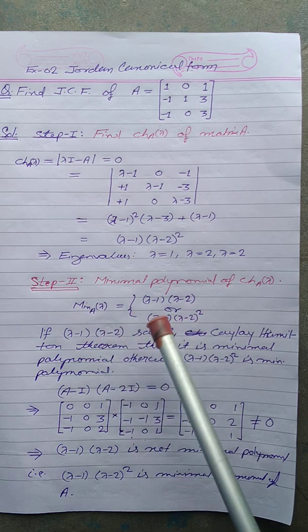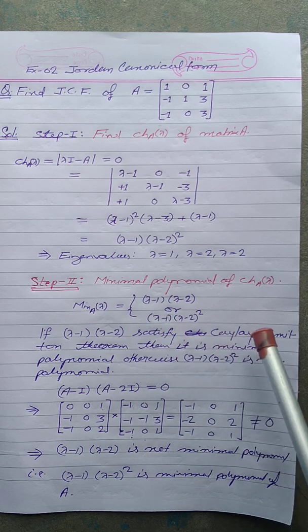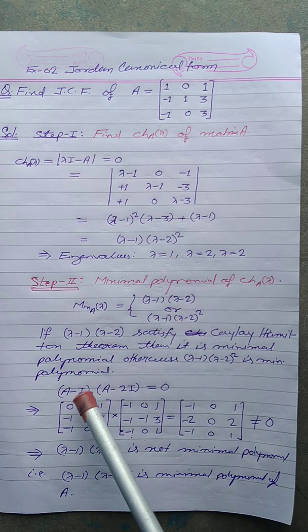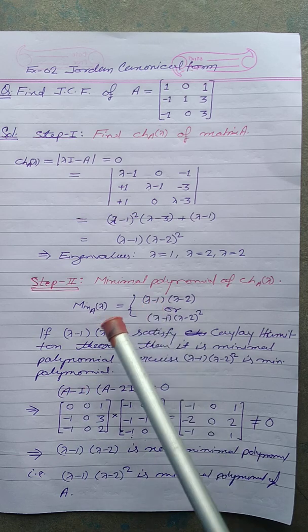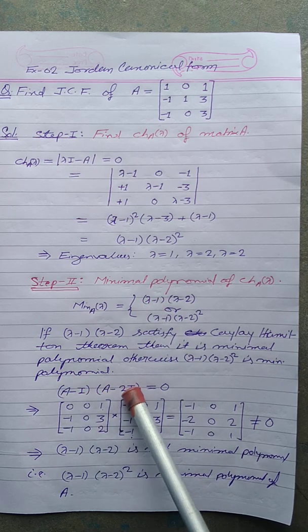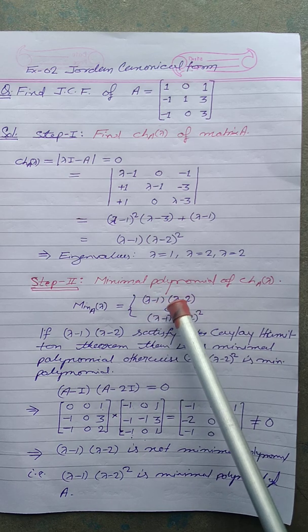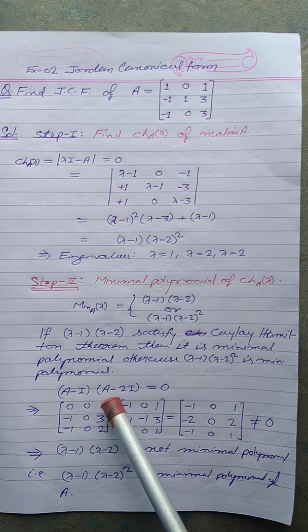For verification of the minimal polynomial, first we verify the Cayley-Hamilton theorem for polynomial first and polynomial second. For polynomial first, if we put A in place of lambda, then we get A minus I times A minus 2I, where I is the unit matrix and A is the matrix.